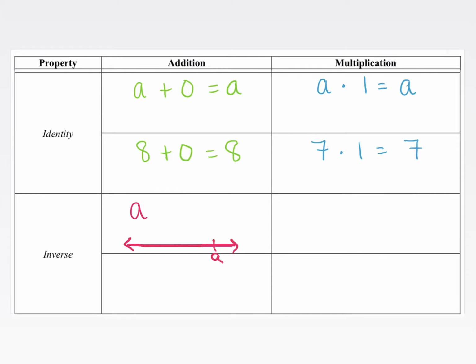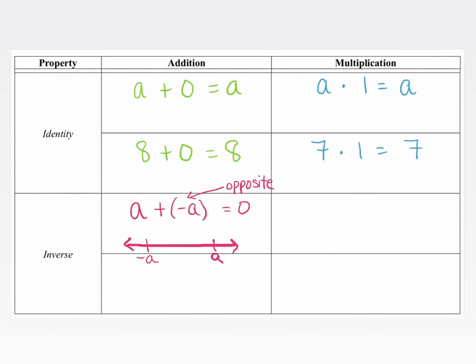So here we want to think about the opposite sign. Negative A. So if we take A and we add negative A to it, we will end up getting 0.